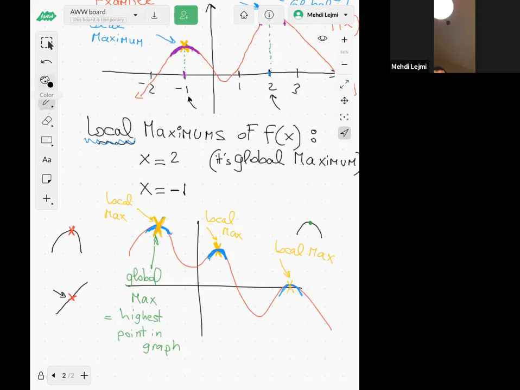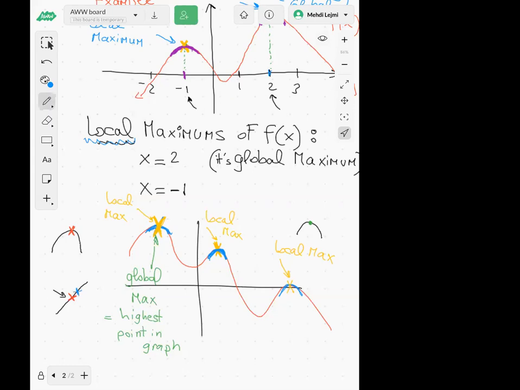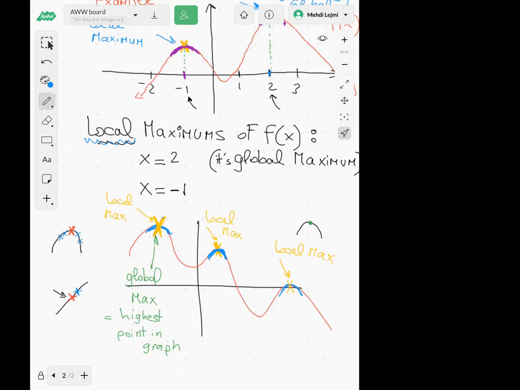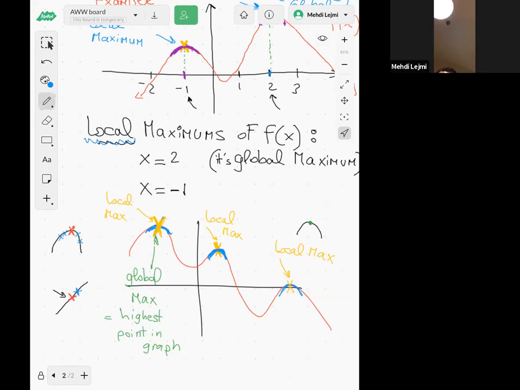Right, because if you take the point just right after it, this point here would be higher than the red one, right? Yes. So it's not. Now, what I'm saying is, if you take points in the neighborhood of this red one, then the red point would always be the highest one. Okay, I got it.